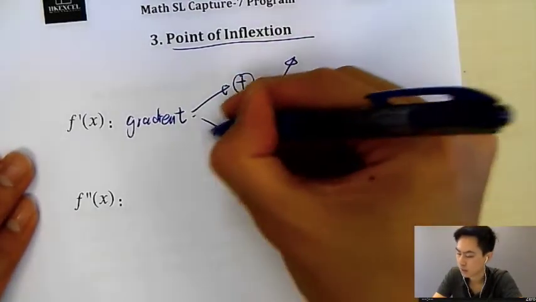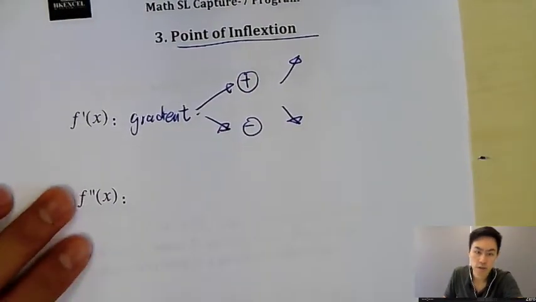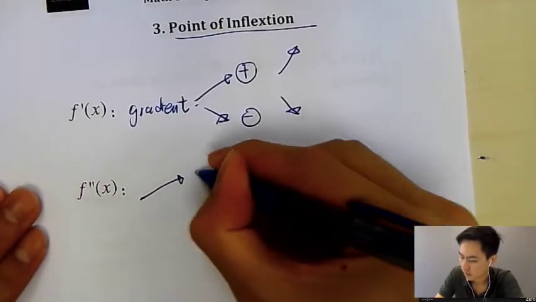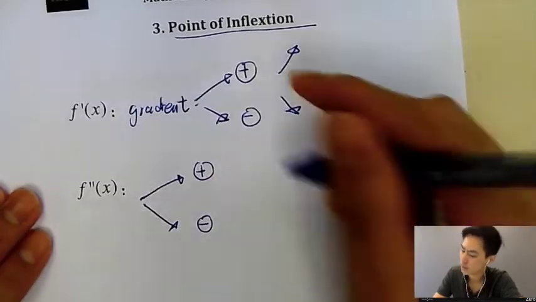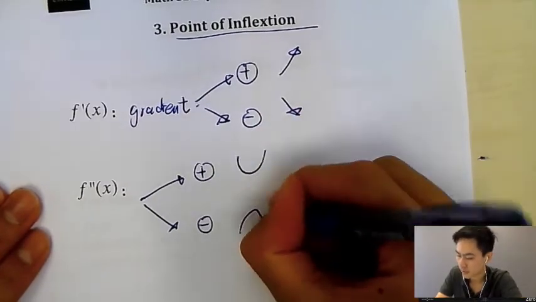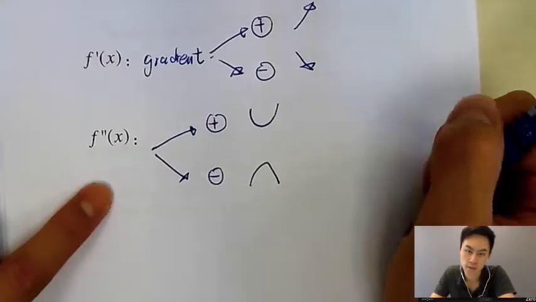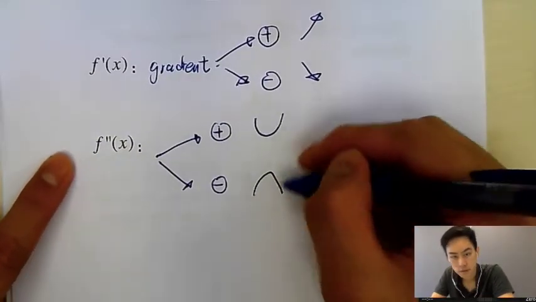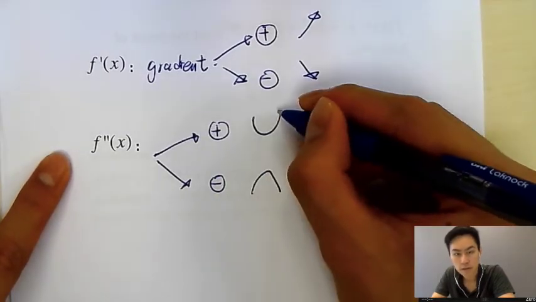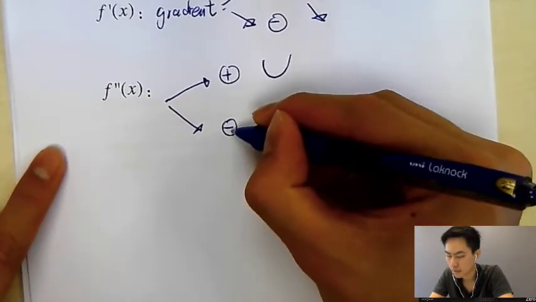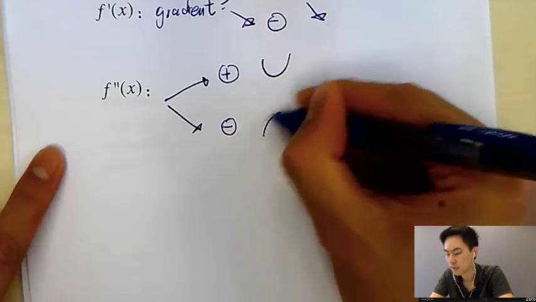For f double dash x, if it is positive or negative, what do you get? Either a smile face or a sad face. So the second derivative determines whether the curve is a smile face or sad face. If it is positive, it must be a smile face, and if it is negative, it will be a sad face.